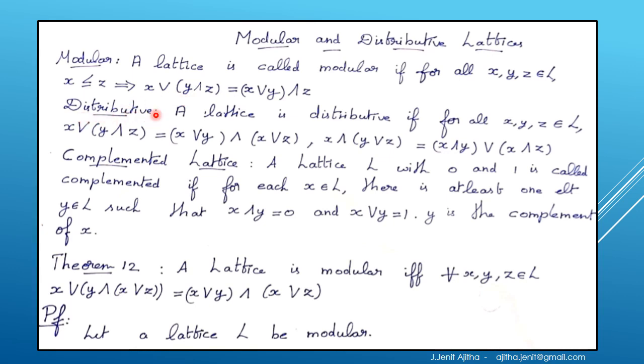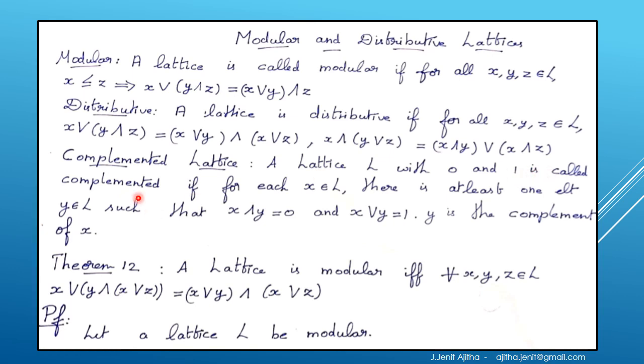Now distributive lattice. A lattice is distributive if it satisfies both the distributive properties. So you can see the two distributive properties. And next, complemented lattice. So a lattice with 0 and 1. We'll call this 0 the smallest element and 1 the greatest element.